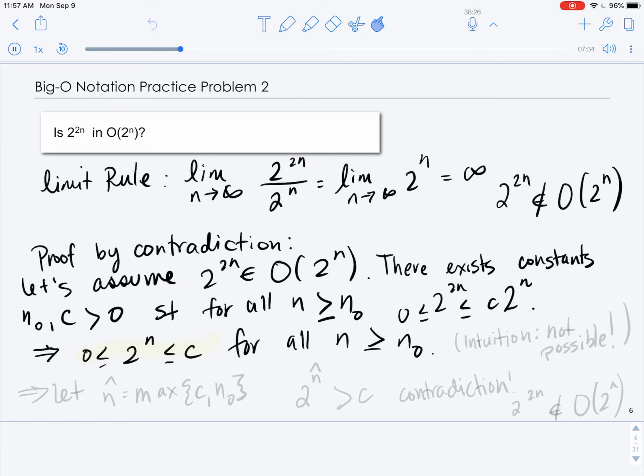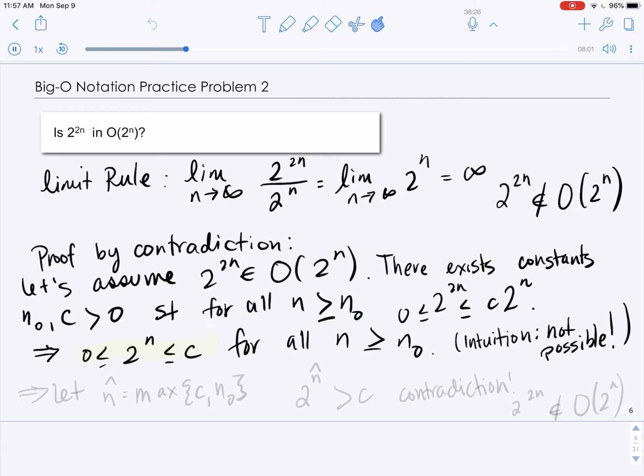Our intuition is already suggesting that this is not possible. But that wouldn't really be a proof. That's just our intuition.